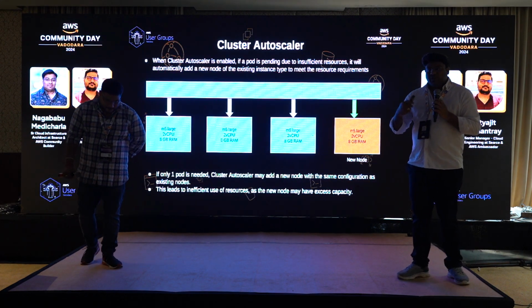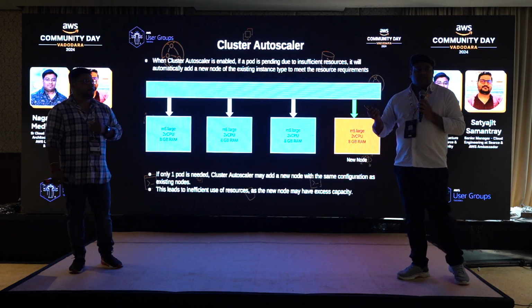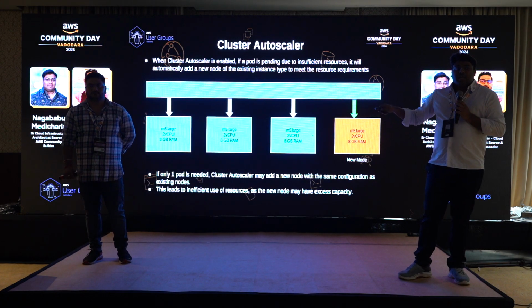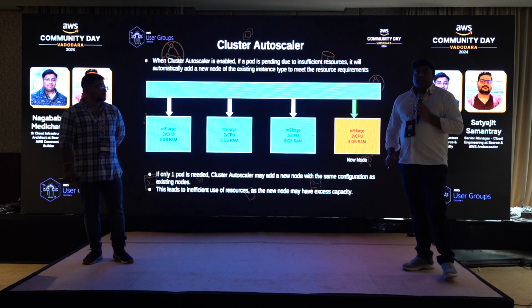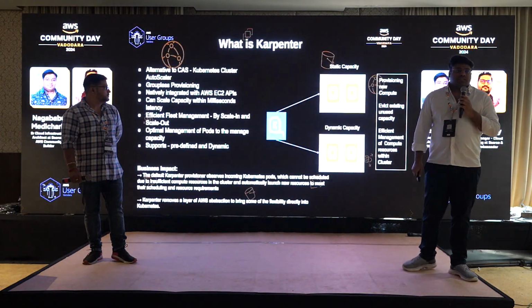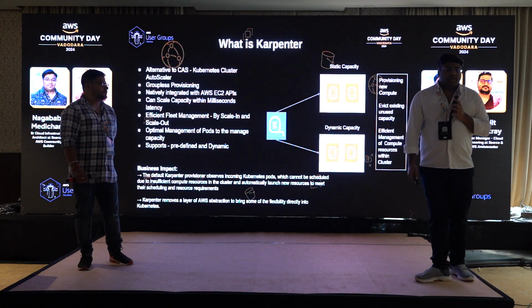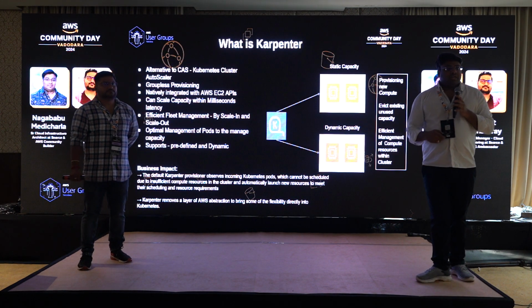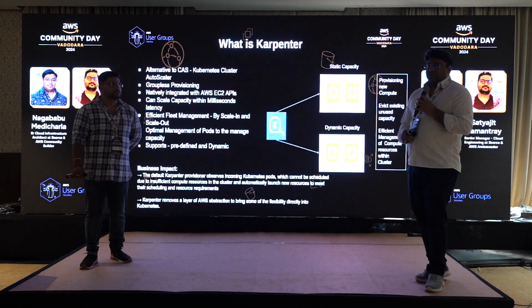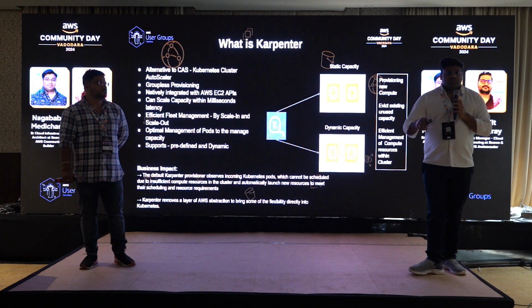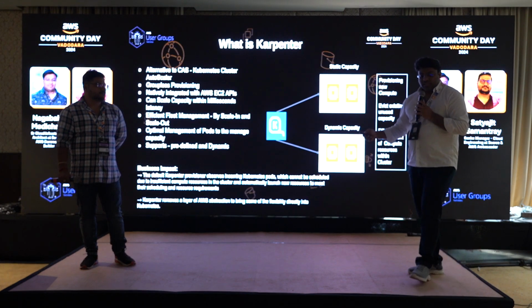Obviously the cost will be higher, and we are not using them efficiently. In order to address all of this, AWS has come up with an open source project called Karpenter. It is an autoscaler built by AWS as an alternative to the cluster autoscaler, which is CAS. CAS is also from AWS, but they took all of this feedback and built this.